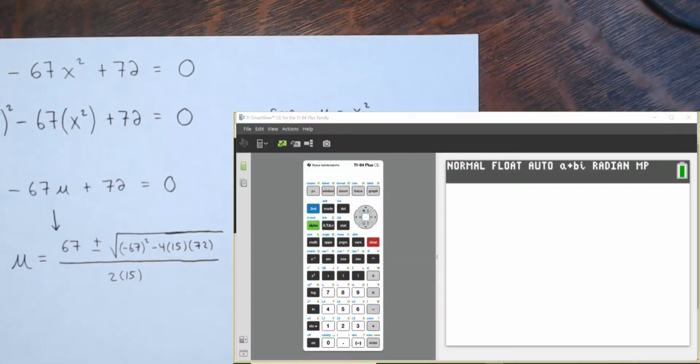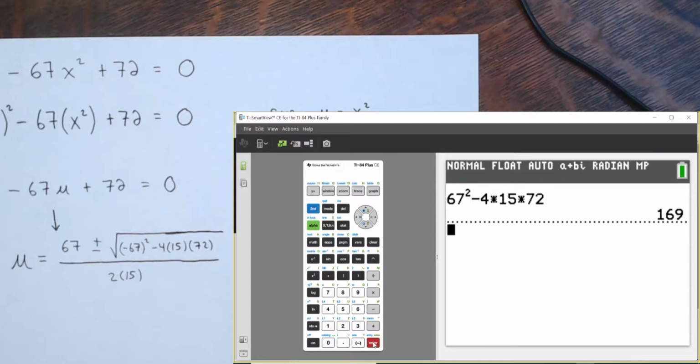First I'll enter the discriminant, the b squared minus 4ac. So you have 67 squared minus 4 times 15 times 72. That's 169, and the square root of this is 13.